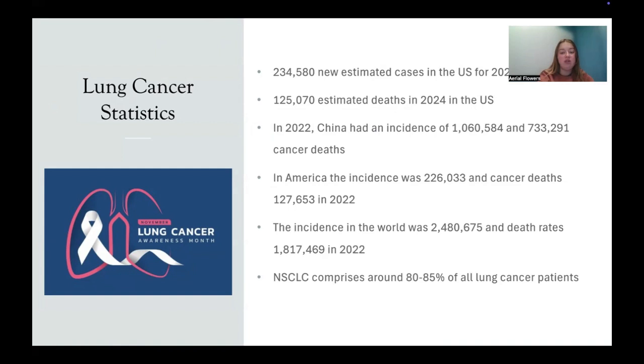In the U.S. in 2022, the incidence was 226,033, and cancer deaths were 127,653. In the world, lung cancer had an incidence of over 2 million, and the death rate was around 1.8 million. Non-small cell lung cancer comprises around 80 to 85% of all lung cancer patients.